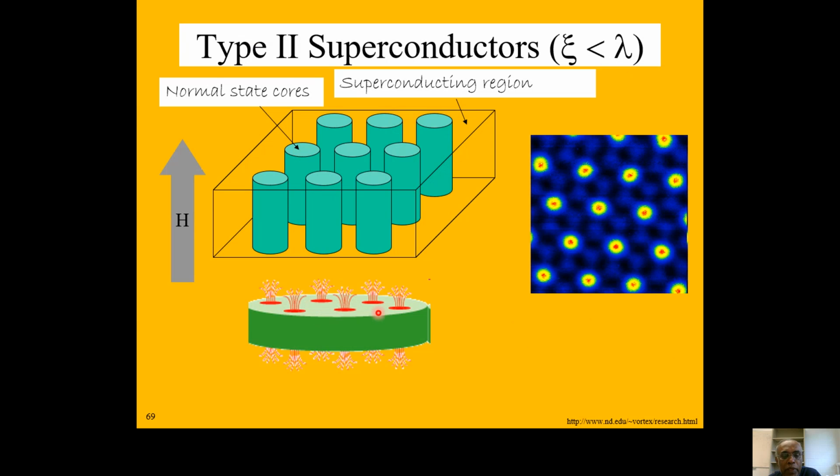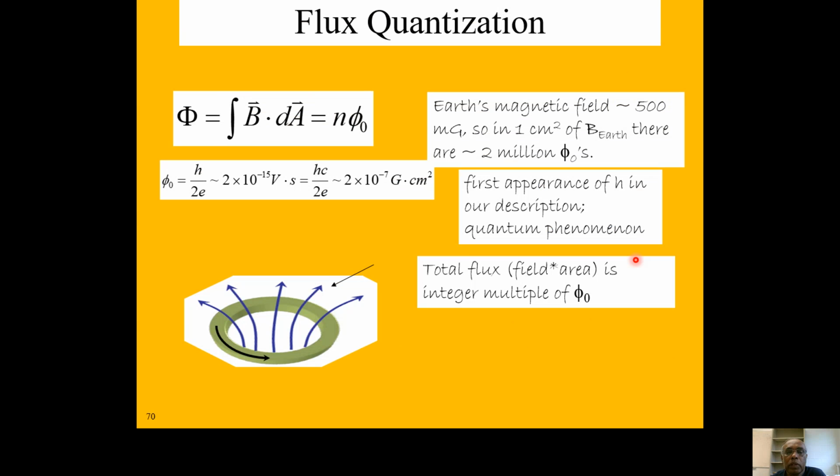Everywhere else here is superconducting, with no penetration of magnetic field, but in other areas you have penetration of magnetic flux. So you can see this is the magneto-optical image of that, showing your flux lines penetrating through the superconductor.